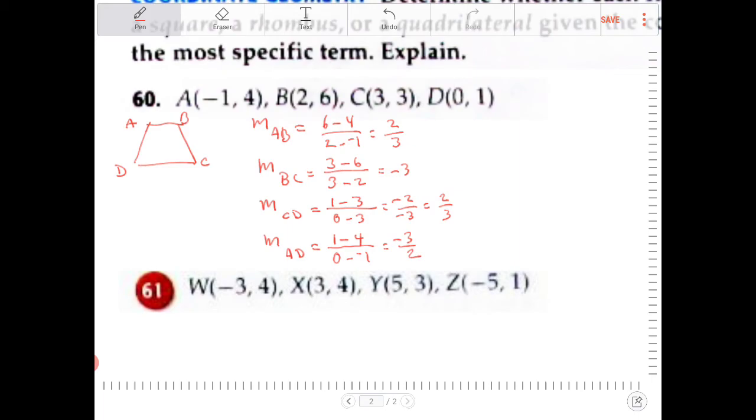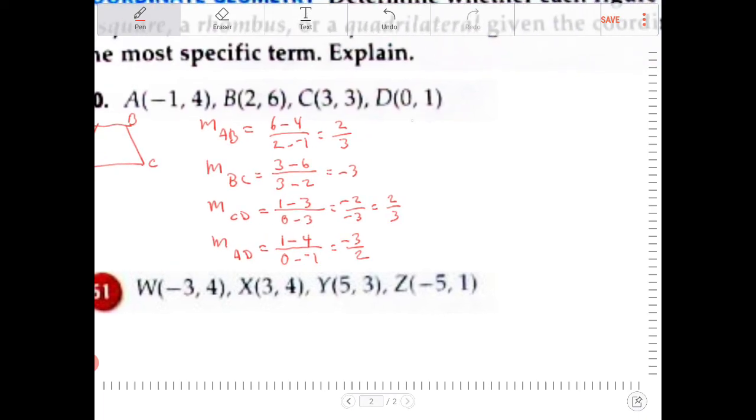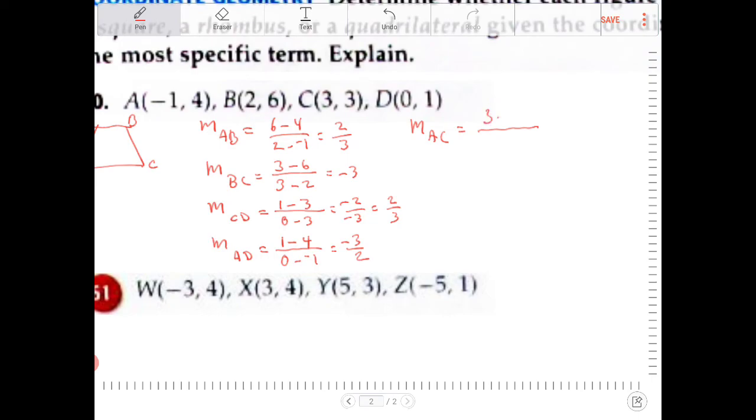I'm going to do one more test, and that is I'm going to find the slopes of AC and BD. So I'm going to find the slope of the diagonal AC. The slope of AC, 3 minus 4 all over 3 minus negative 1, and that is negative 1 over 4. So that's negative 1/4. And I want to find the slope of BD.